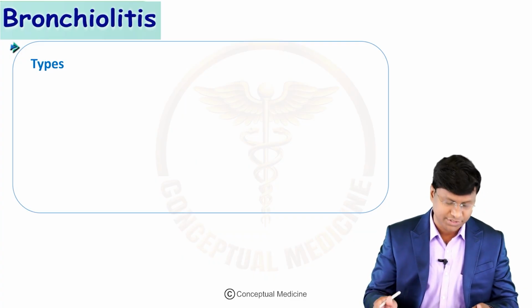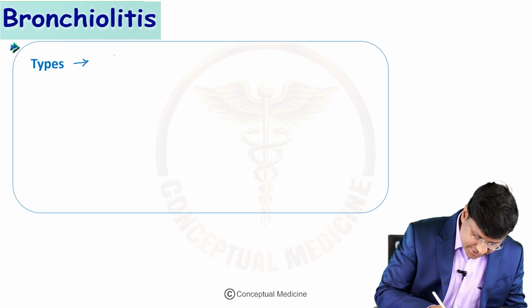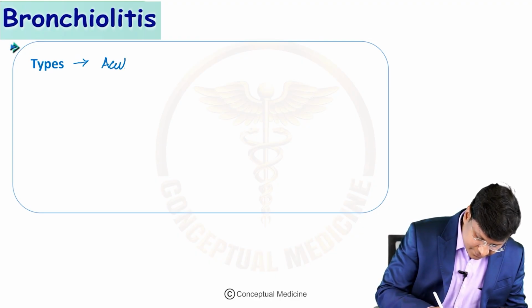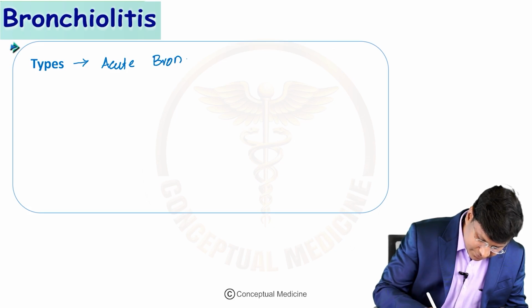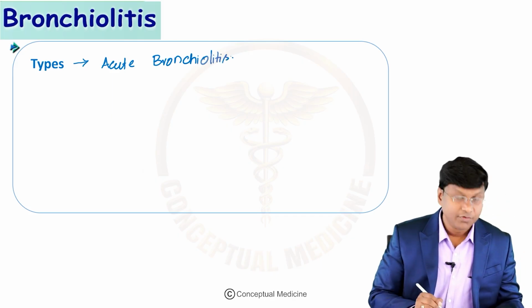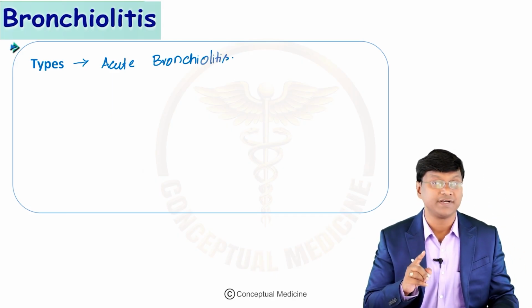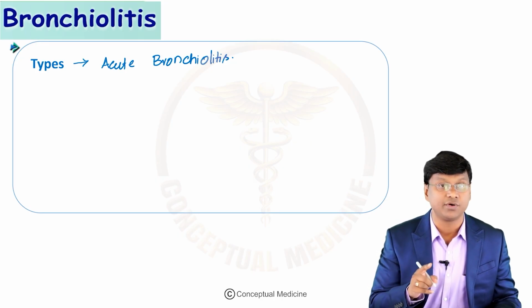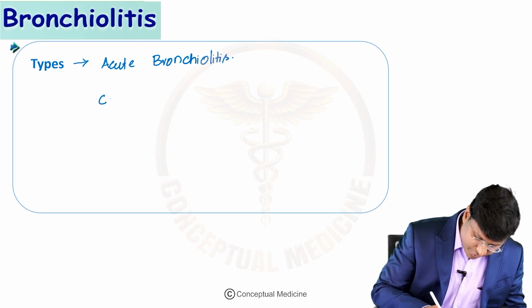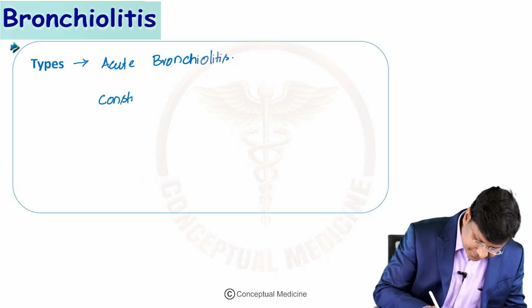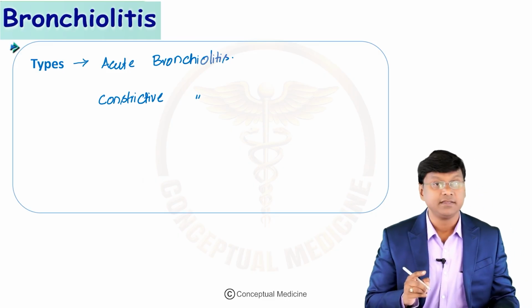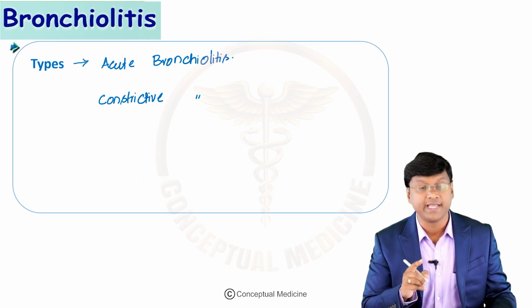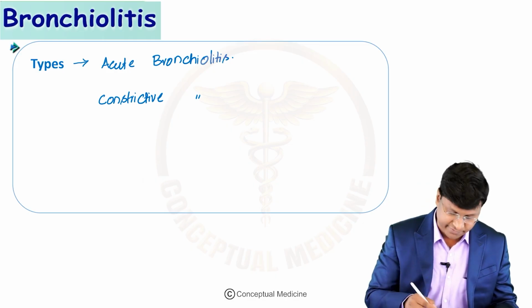We have a terminology called acute bronchiolitis. Then another important clinical entity or type is constrictive bronchiolitis, and the third important type is proliferative bronchiolitis.